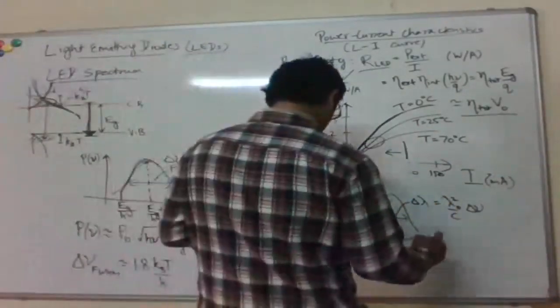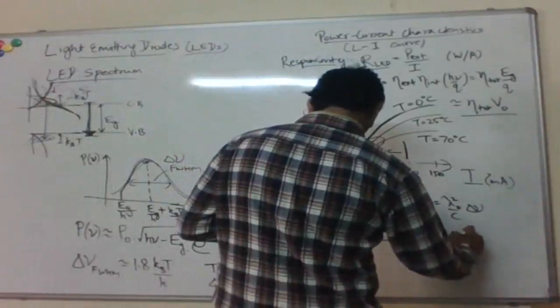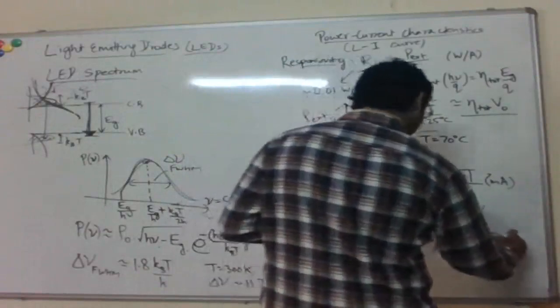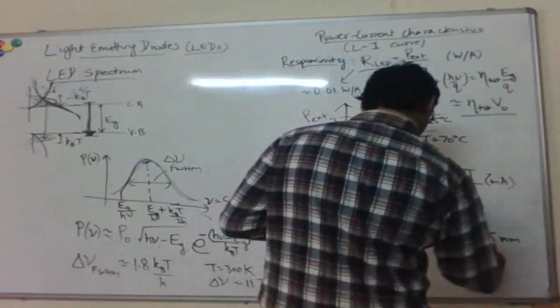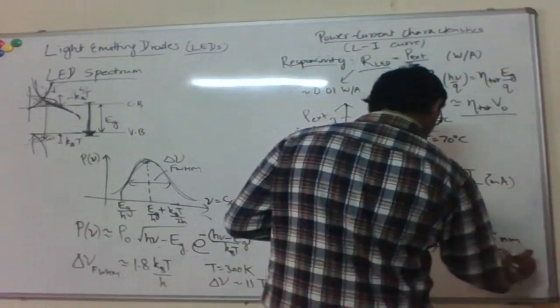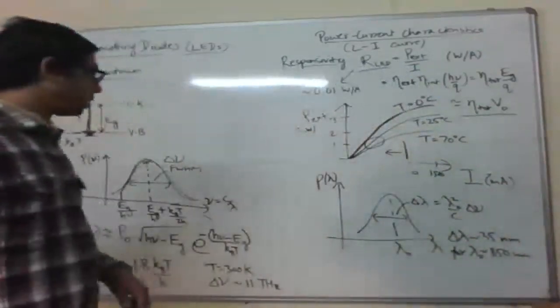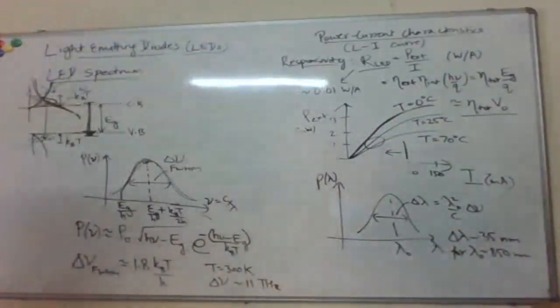So, for example, if I take a gallium arsenide based LED where the emission wavelength is roughly 850 nanometer, then this delta lambda comes out to be about 35 nanometer.